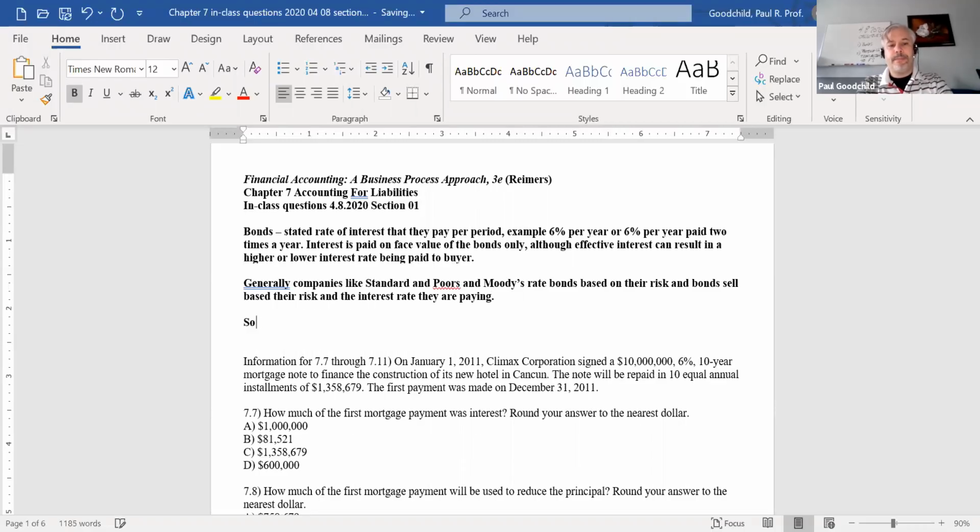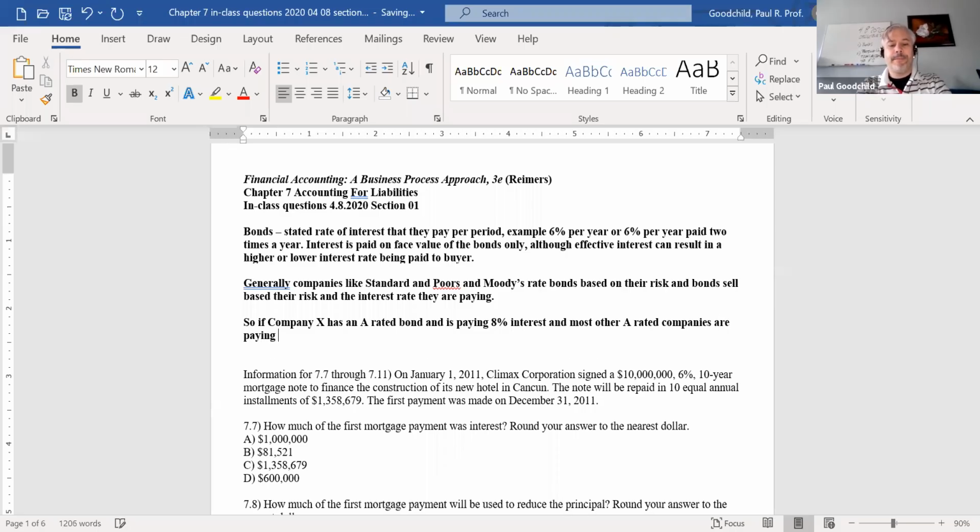So if company X has an A-rated bond and is paying 8% of interest, and most other A-rated companies are paying 7%, company X bonds will sell for a premium.